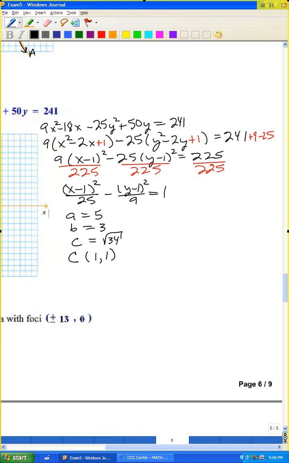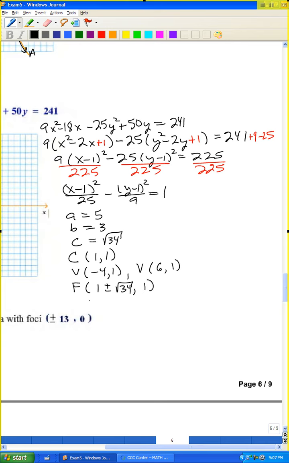And so I have here the vertices. I'm going to add and subtract 5. And so 1 minus 5 is a negative 4. 1 plus 5 is 6. The foci are going to be at 1 plus or minus the square root of 34.